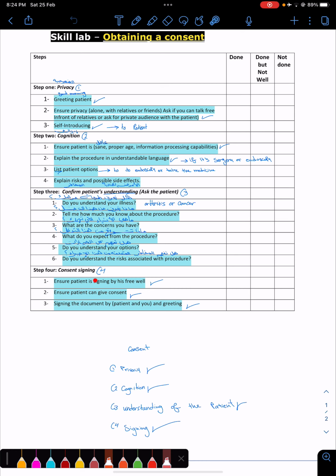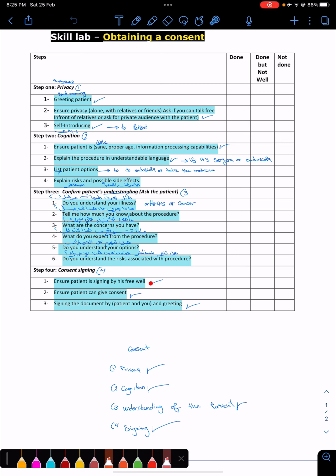You may wonder why we can't simply take the patient's consent. But you've got to explain every single word, and explain the procedure yourself. A lot of things have to come first. It is not like, hey, I want to take your consent about this thing, when the patient doesn't know anything about it.